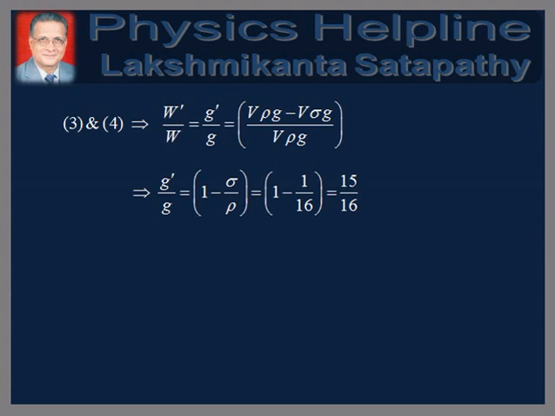It is given that sigma is equal to rho by 16, which implies sigma by rho is equal to 1 by 16, which gives g dash by g is equal to 15 by 16.